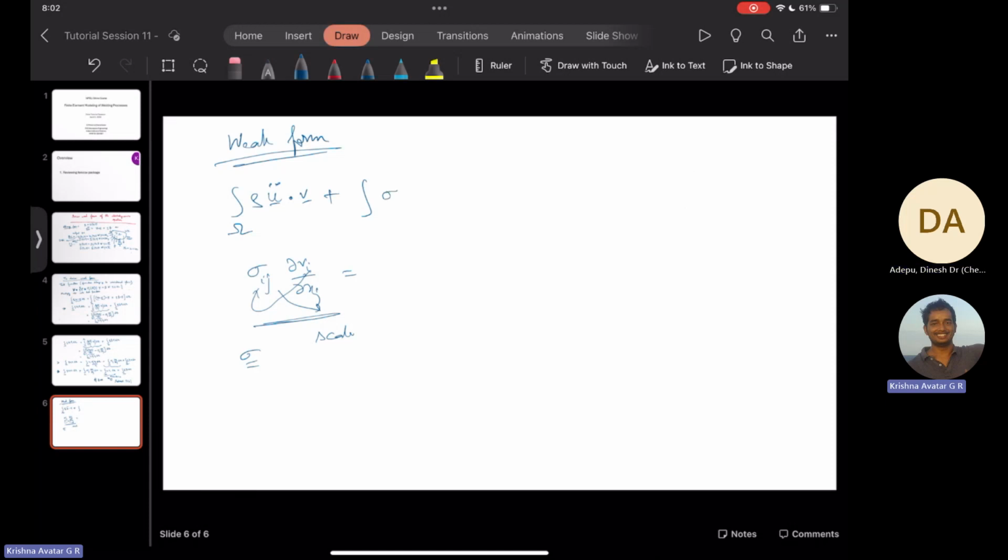So what we can do here is write this as sigma contracted with the gradient of v vector. And in general for mechanics we always take sigma to be symmetric, right?